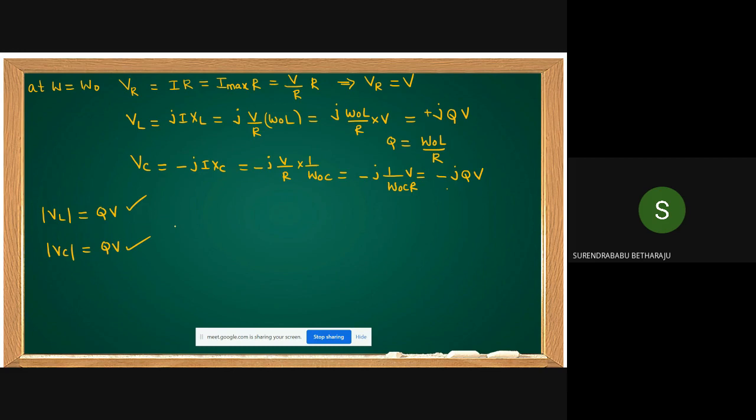It is Q times the supply voltage. Therefore, under series resonance condition, what is the voltage across L and C components, students? Q times the supply voltage.